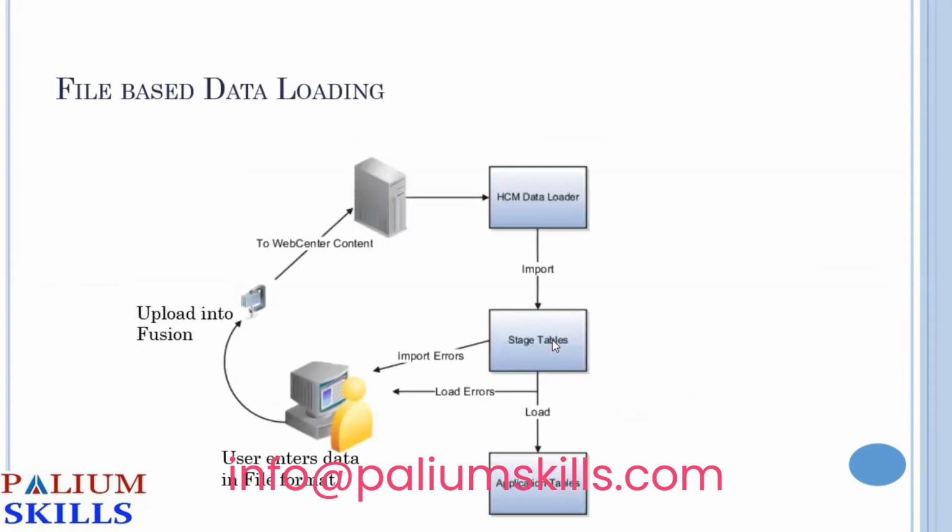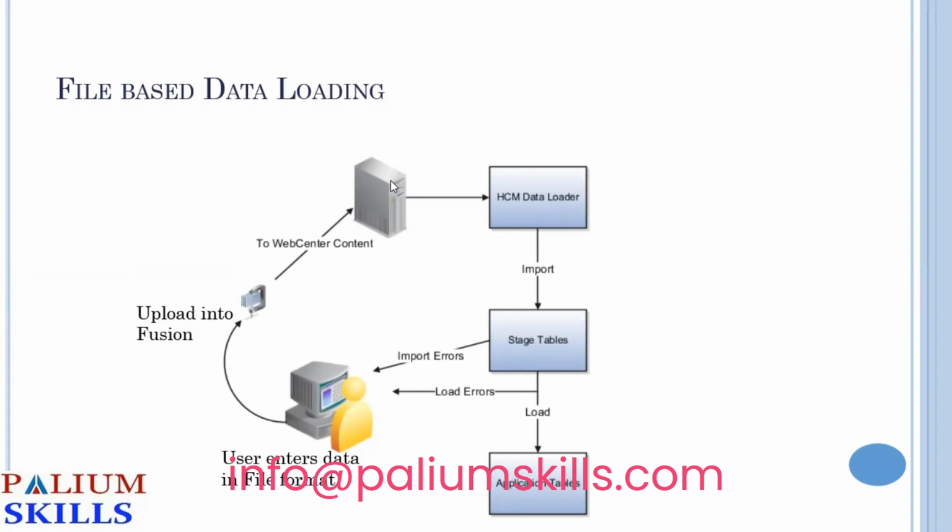Now, when we are doing the file-based data loading, which is using HDL, we enter the data in a .dat file, okay? And then we load it into Fusion by zipping the file. The file goes into the WebCenter.